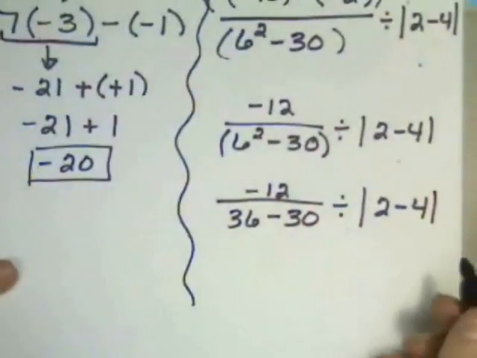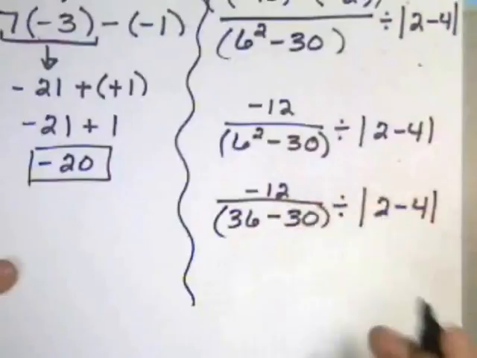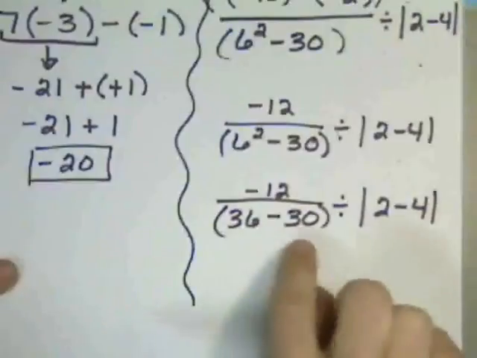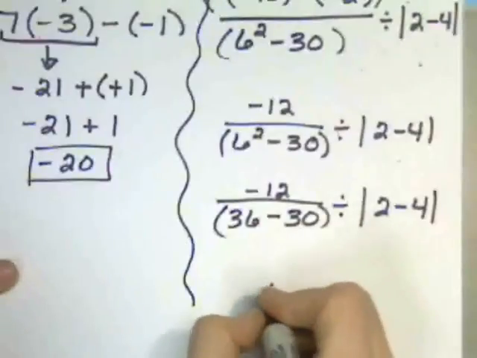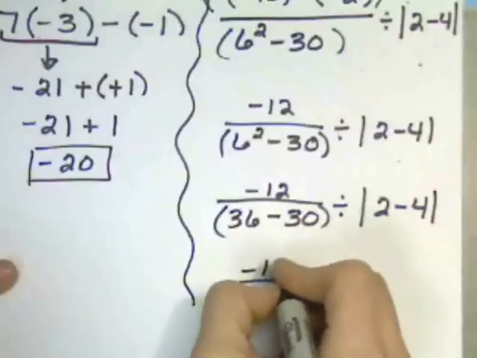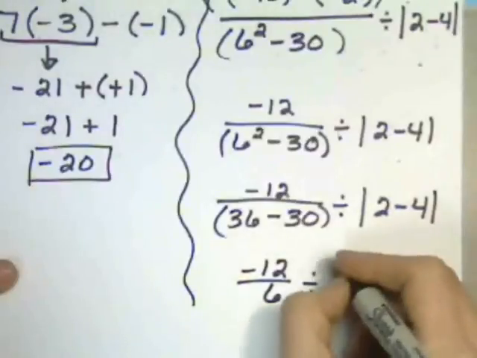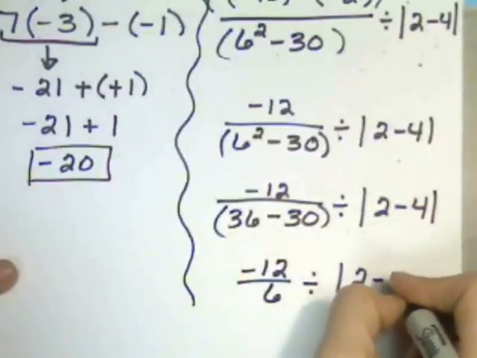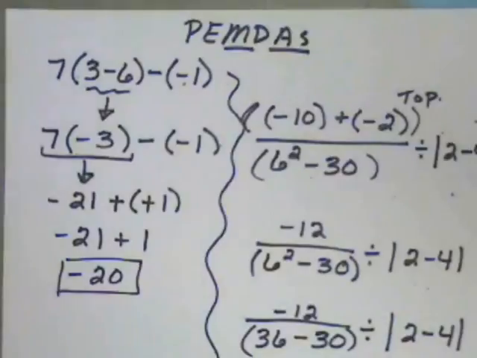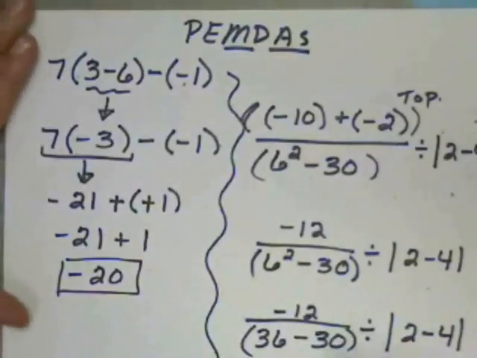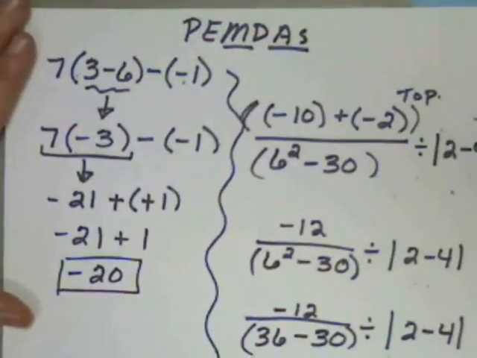Now when I look at it and ask myself parentheses, I still see the bottom of the fraction to deal with. 36 minus 30 gives me a 6, with negative 12 on top, divided by absolute value of 2 minus 4. So we have negative 12 over 6 divided by the absolute value of 2 minus 4.